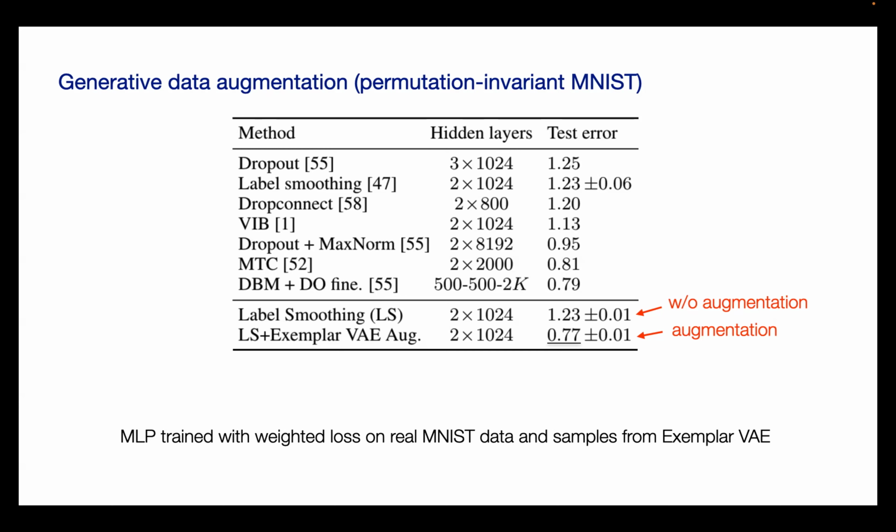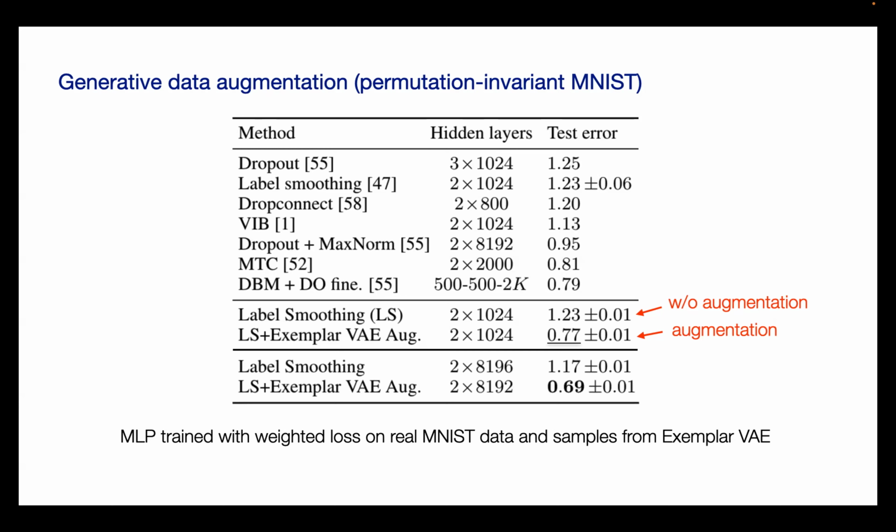And when we went just one step further and we expanded the number of units in the hidden layer, the performance dropped even more down to an error rate of 0.69, which, as far as I know, is the state of the art in permutation invariant MNIST. And in particular, the state of the art above all the other techniques that people had developed with manual augmentations at the time.